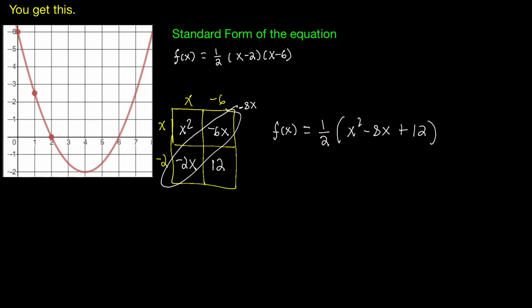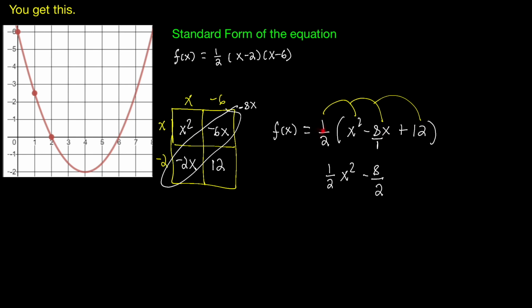I'm going to have to distribute the 1/2 to each term, beginning with x squared. 1/2 times x squared, that's going to be 1/2 x squared. Then 1/2 times negative 8, we can write the 8 over 1. And now we can multiply the numerators. 1 times negative 8 is just negative 8. And then 2 times 1, that's going to give me 2.